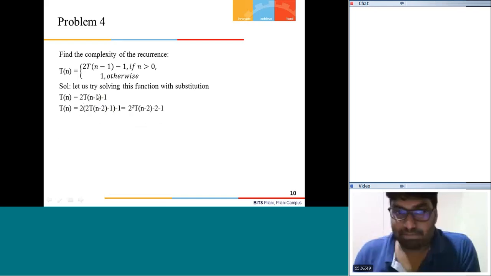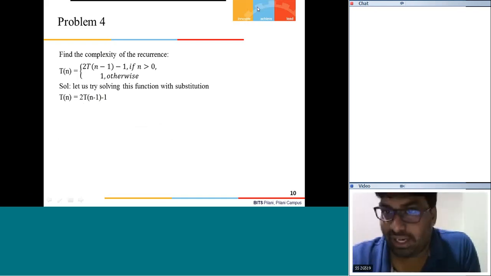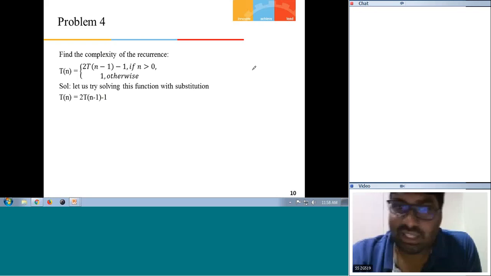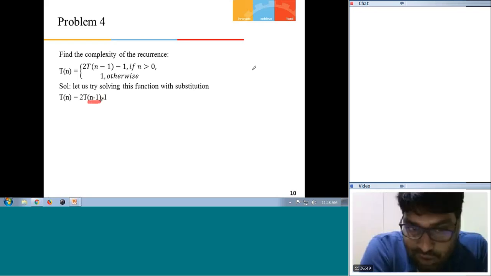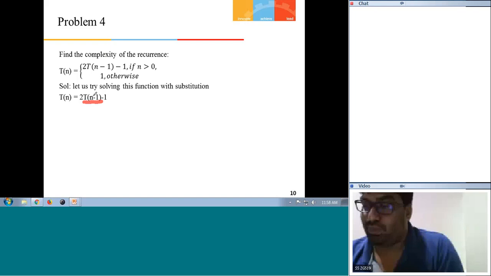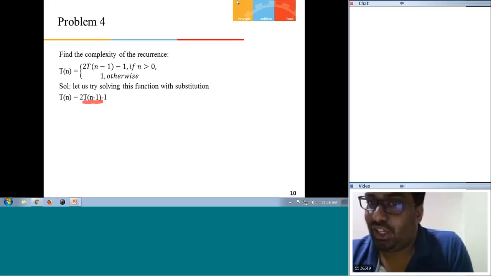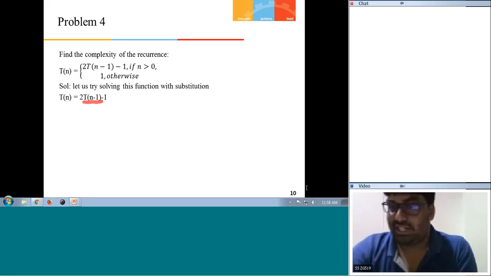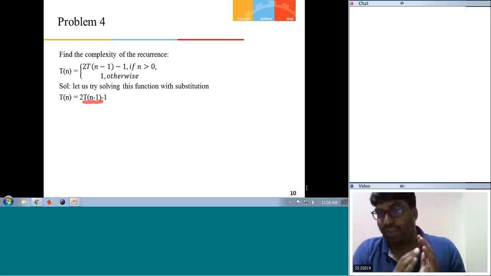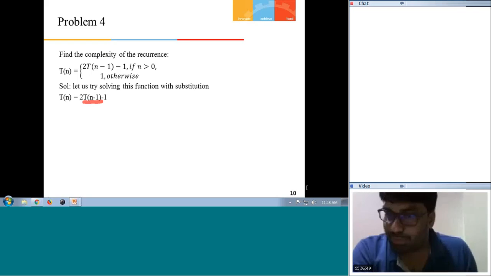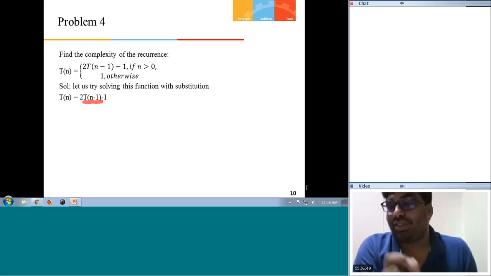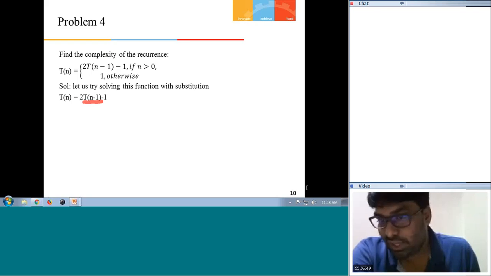Now when you do substitution, you have to do substitution for this whole statement, that is T(n-1), not for T(n). Where am I going to do the substitution? T(n-1). If I have T(n), I simply write 2T(n-1) + 1. In the substitution method, always try to substitute T of something. Do I have T(t) here? No, I have T(n-1).